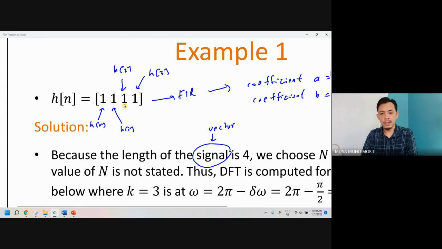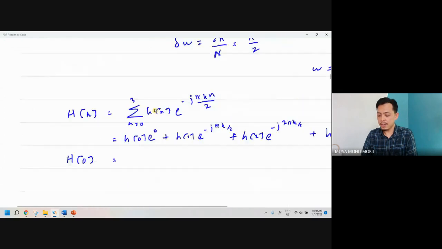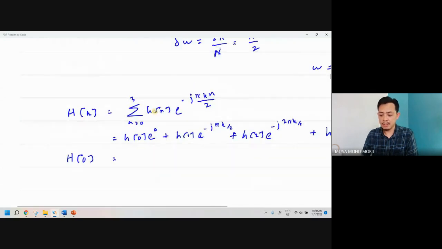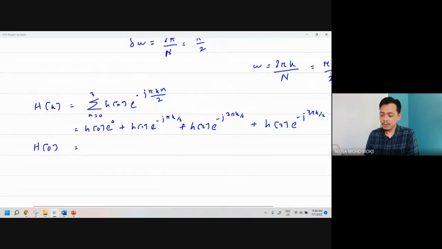Everything is 1. So then this example becomes simpler. You can just slash that out because everything is just 1. This is 1, this is 1, this is 1, this is 1, and e to the power of 0 is 1.